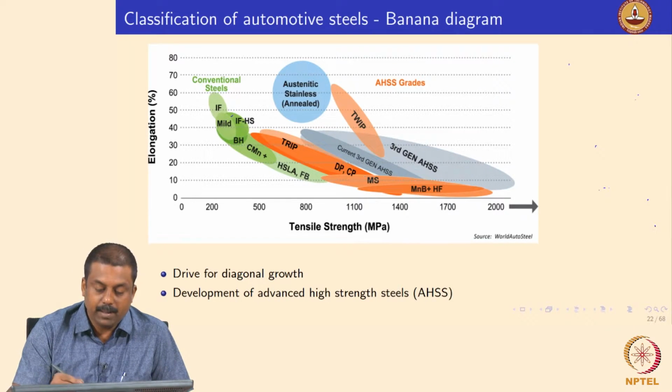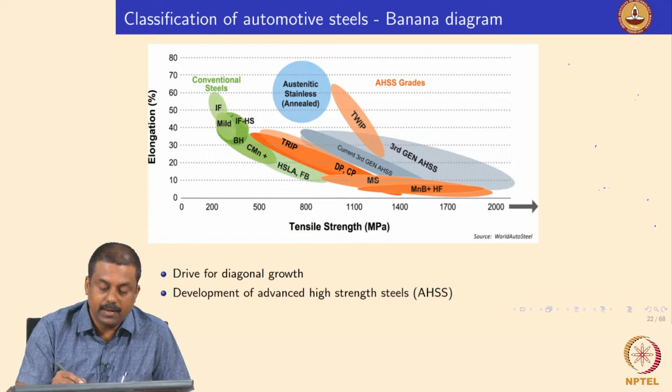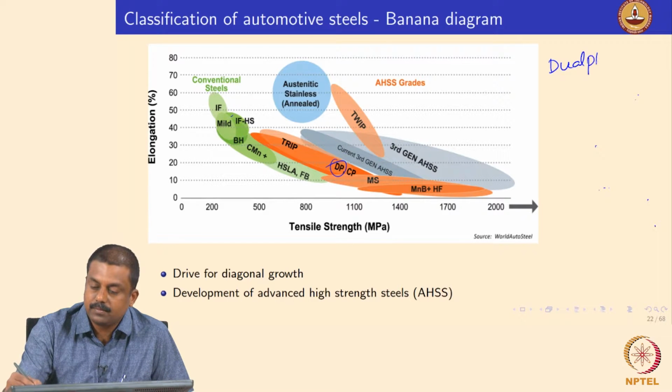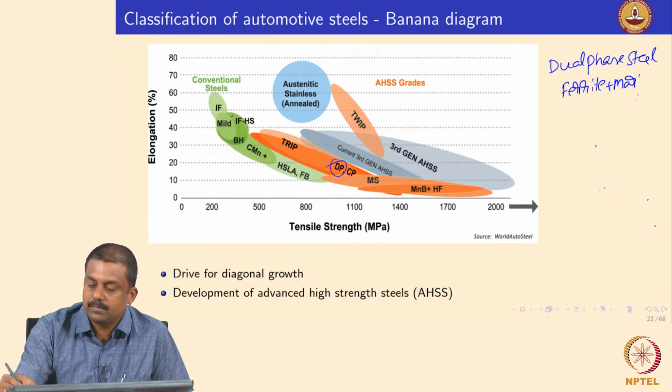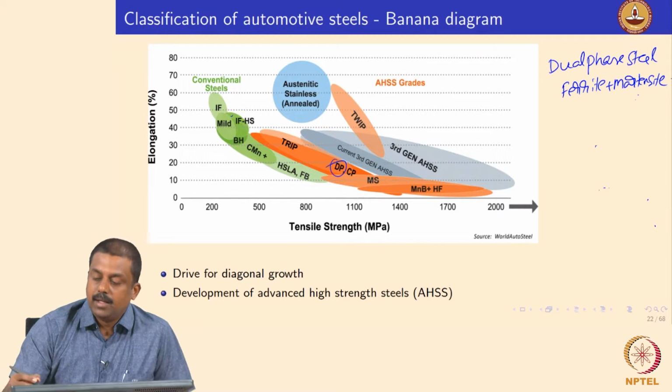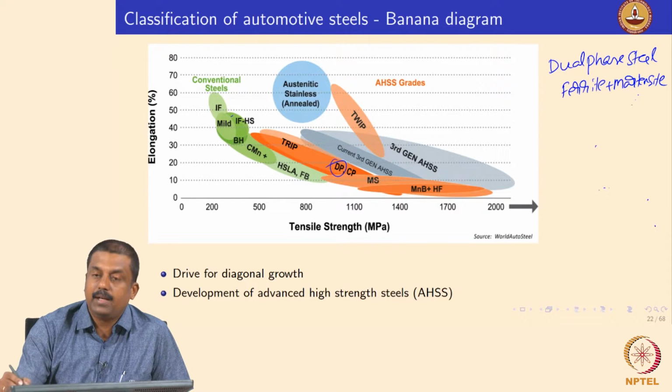The first development in this line is to develop microstructures containing two phases, dual phase steel, where dual phase denotes the ferrite and martensite microstructures. So we form a microstructure containing ferrite and martensite.